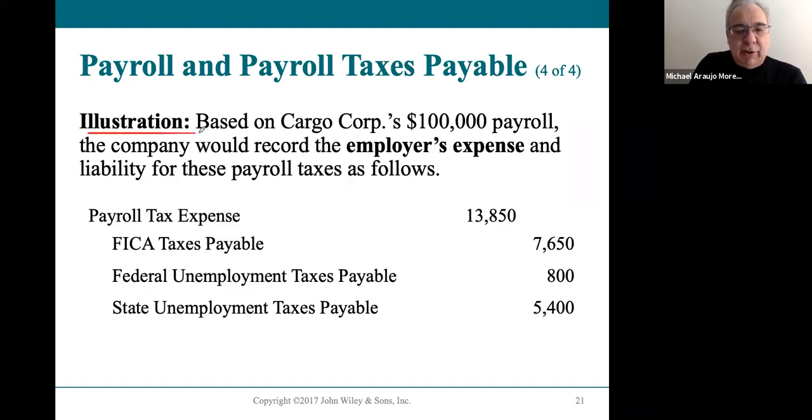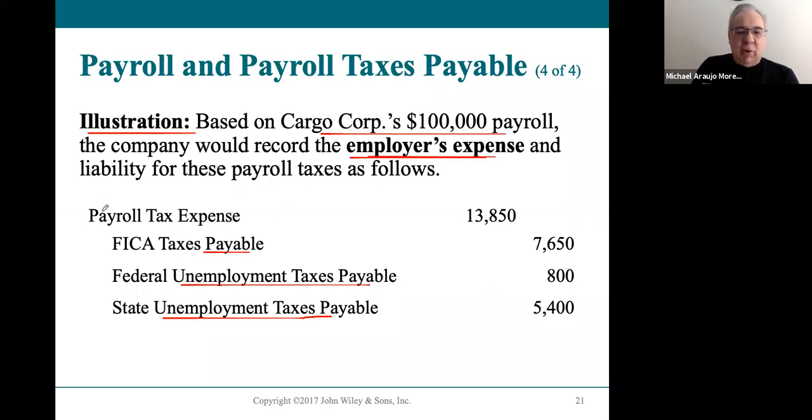All right, so here's an illustration of how that works on that same company's $100,000 payroll. This is specifically the employer's expense. They have to match the FICA taxes, so they're going to have the same FICA tax payable for every payroll as what employees have. And then they're going to be paying into the unemployment system as well.